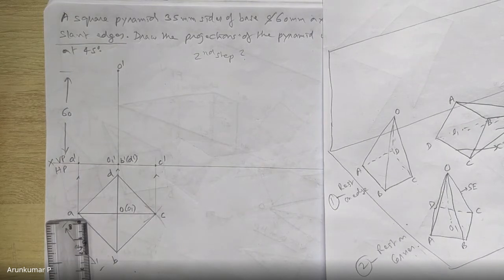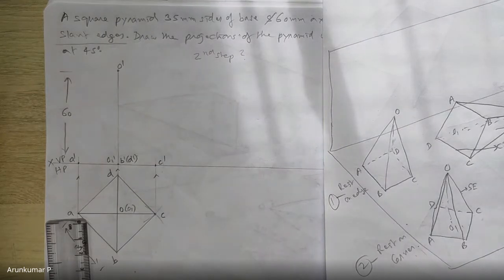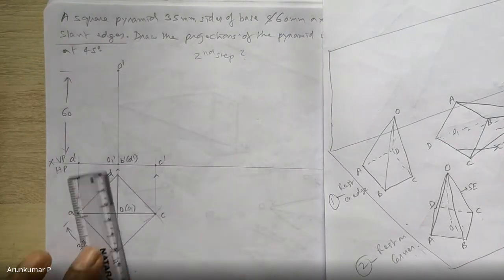Now apply the first rule of visibility. Do you remember what that is? The first rule of visibility: join the outermost exterior points by solid straight lines. Apply that.